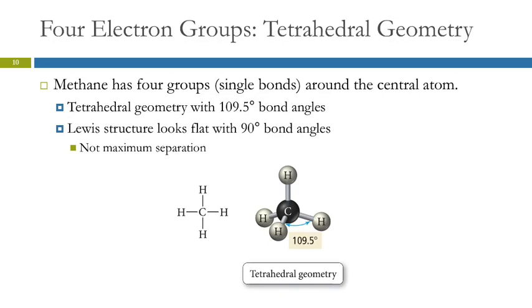So a molecule like methane, here's its Lewis structure. We look at the central atom. There are 4 single bonds. That's 4 electron groups. We think about the balloons and how they got away from each other. And this is a representation of that tetrahedral geometry.